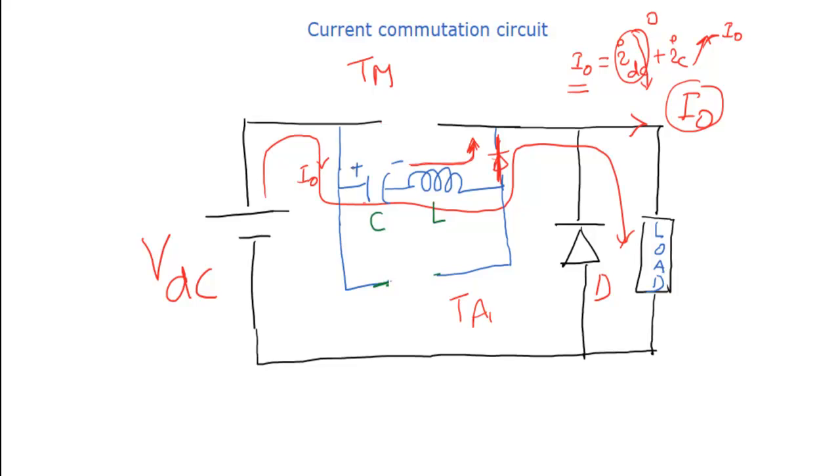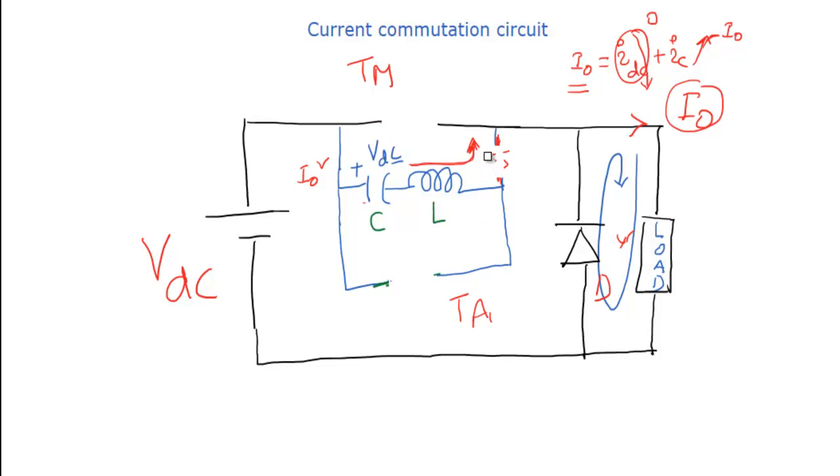Once the voltage across the capacitor becomes the source voltage VDC, this current will disappear. If this current disappears, then the load current flows through the freewheeling diode. In that case, the load is completely disconnected from the source.